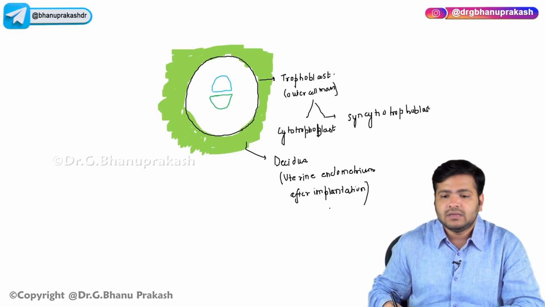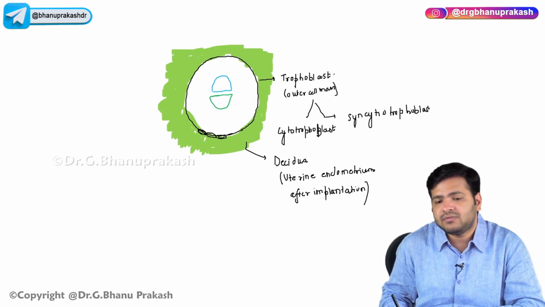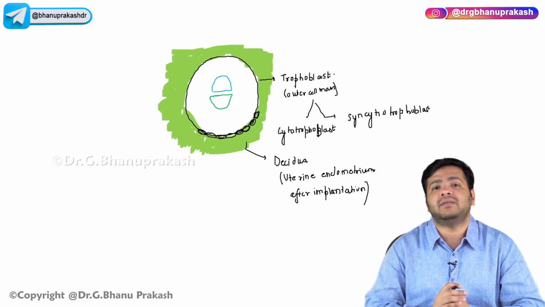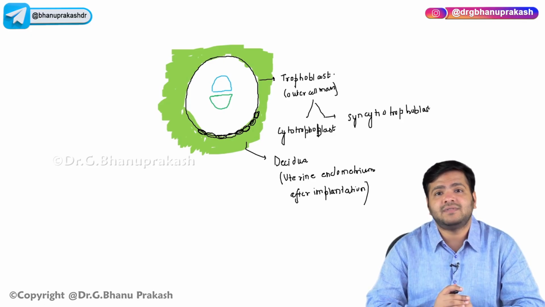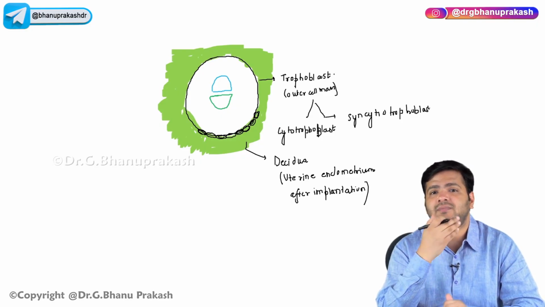Now, what will happen? There will be cytotrophoblast inner, and some cells of this trophoblast will lose their plasma membrane, and only nuclei will be there.